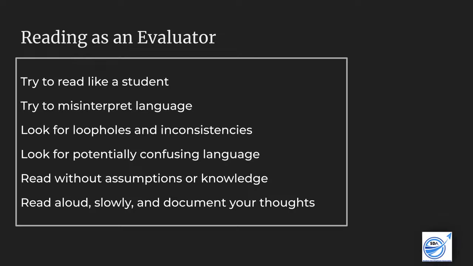Again, look for these loopholes, look for inconsistencies, recognize that there is power in phrases such as "includes but is not limited to," and "etc." Those are powerful words. Look for potentially confusing language. A lot of times, the code of conduct will refer to things such as the burden of evidence or the amount of evidence that is needed.